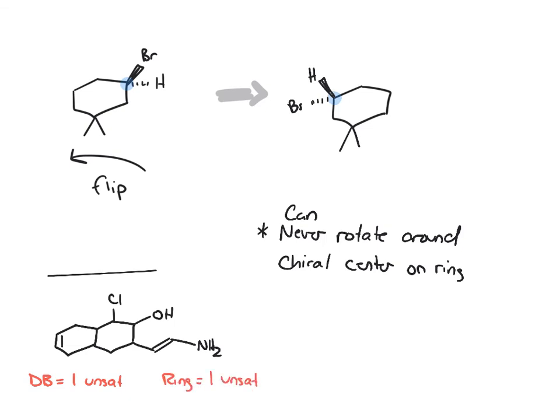A ring is one unsaturation. And I won't put this on an exam because I don't know if we've talked about it yet, but a triple bond has 2 pi bonds, so a triple bond is 2.